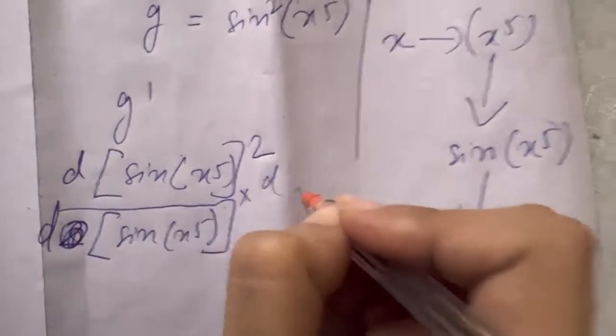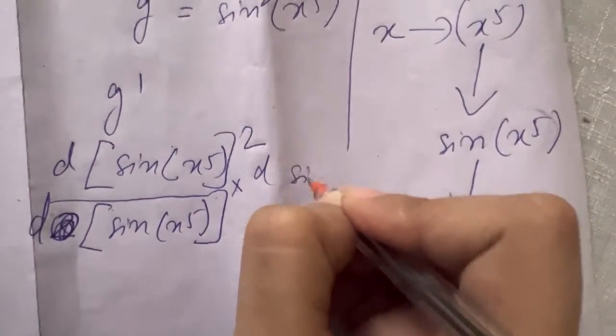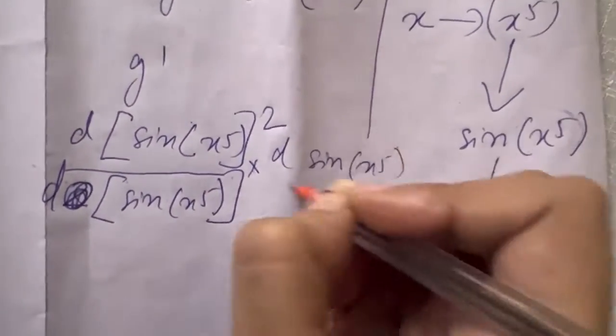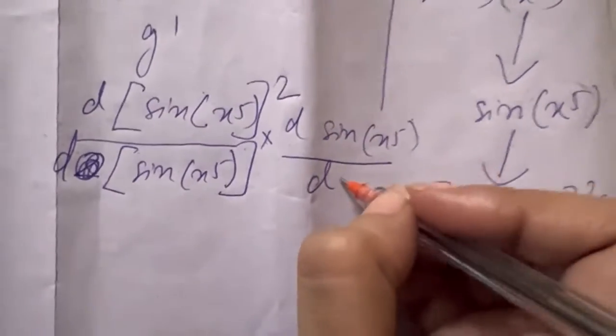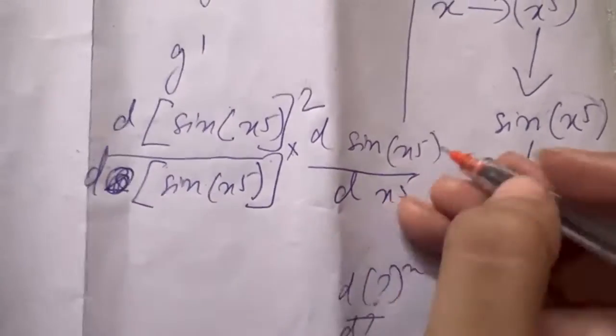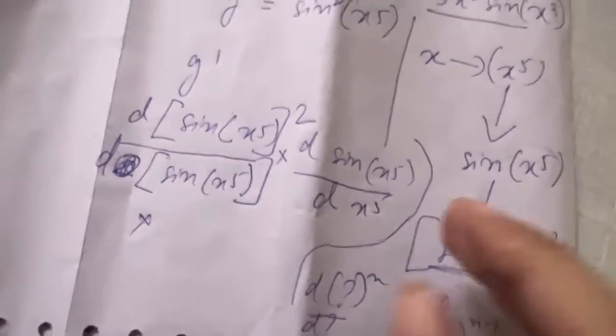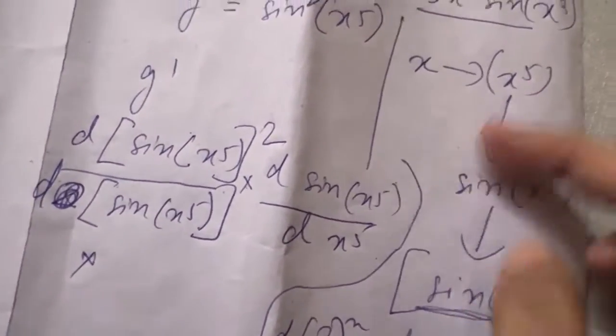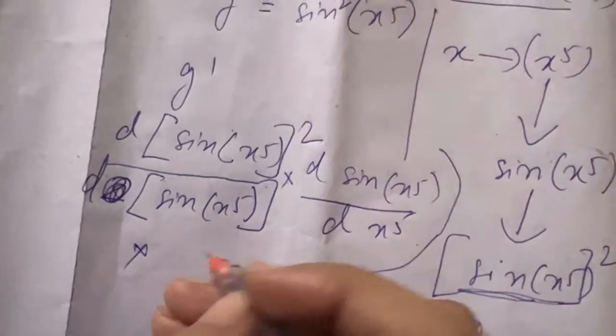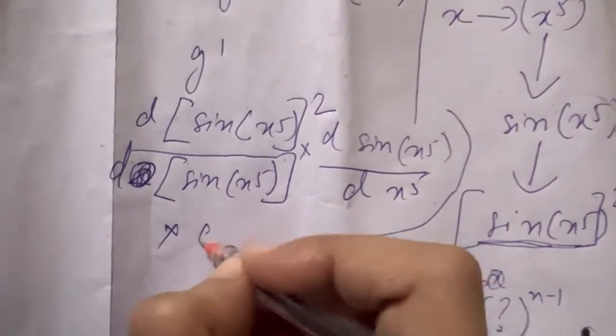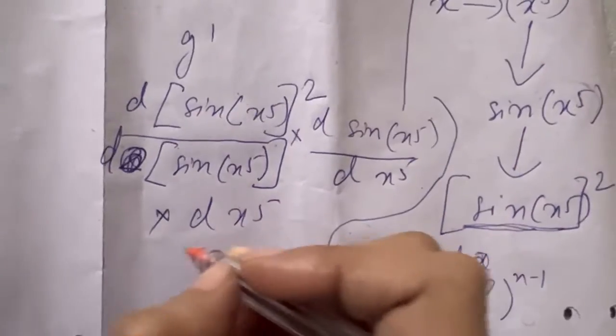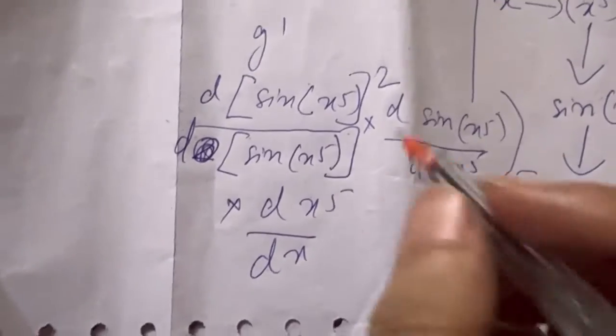So again, d of sine x to the power 5 with respect to x to the power 5. Again, we need to multiply this part. Now this is x to the power 5, which is a function of x definitely. So this can be done directly with respect to x.